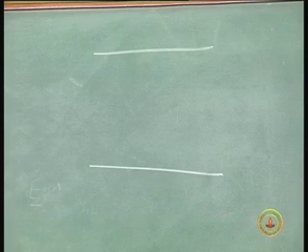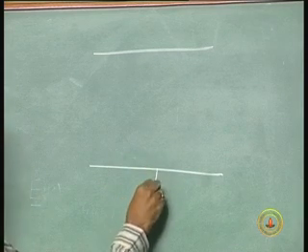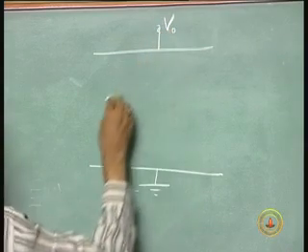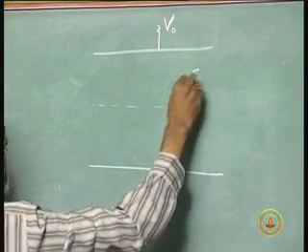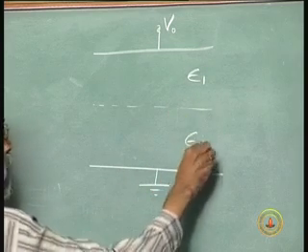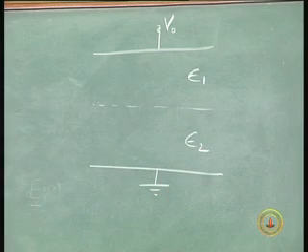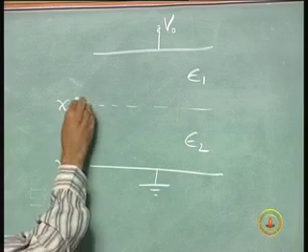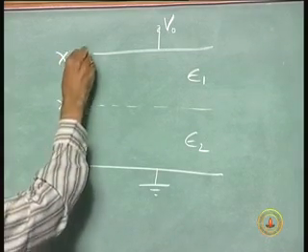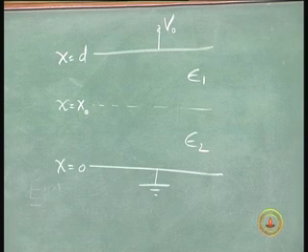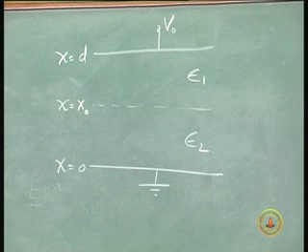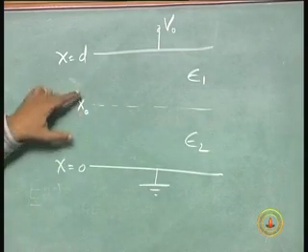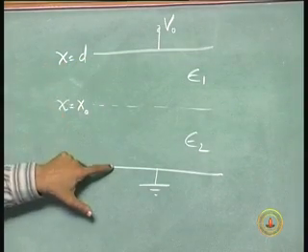Take a capacitor plate. We have the bottom plate grounded, top plate held at V naught, and we have epsilon 1 and epsilon 2, two dielectrics. This is x equals 0, x equals x naught, x equals d. We have solved this problem earlier by saying, let us take the displacement vector. Displacement vector does not see any charge except on the top and bottom plates.